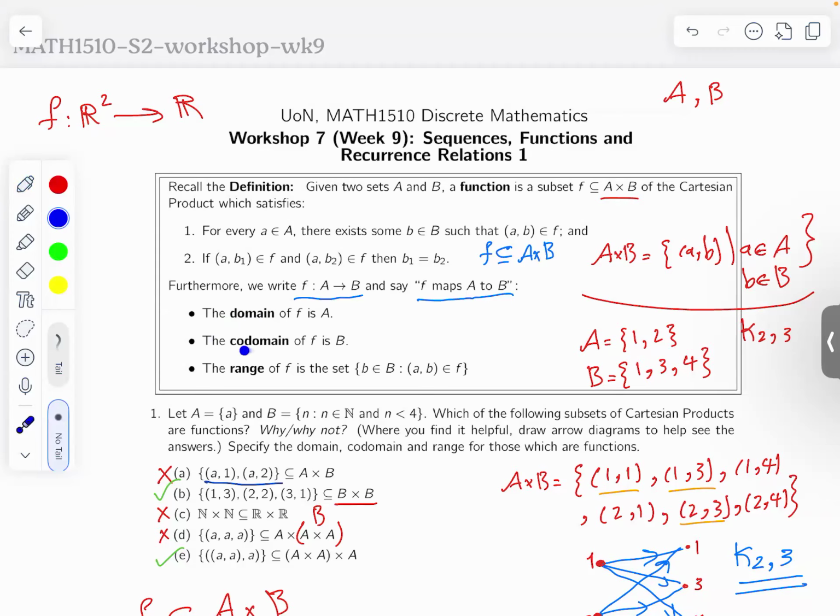The second set, the destination set, is called the codomain. And the values that f takes, f of x, are the range.